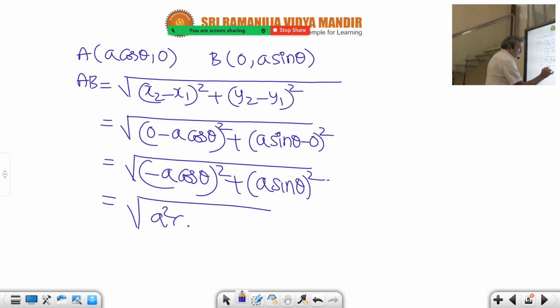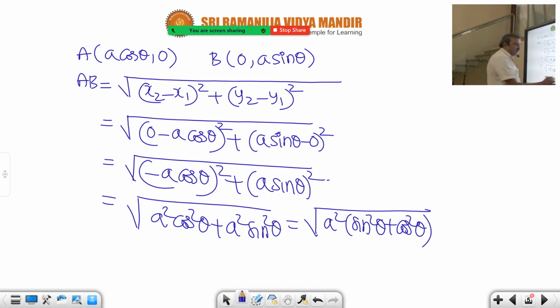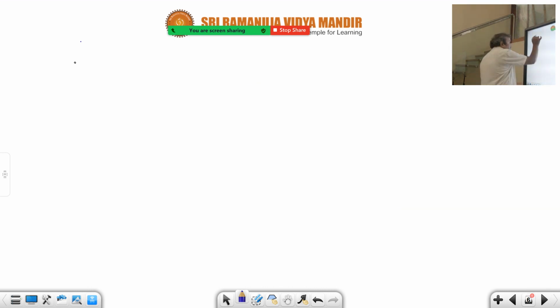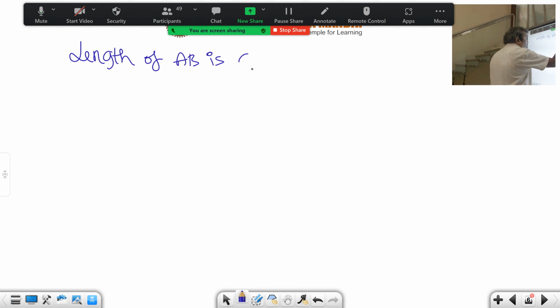From this it is a square cos square theta plus a square sin square theta, correct? So from this it is a square into sin square plus cos square. Sin square plus cos square is 1. So it is full square root of a square into 1, and it is a. So you have proved that the length of AB is constant.